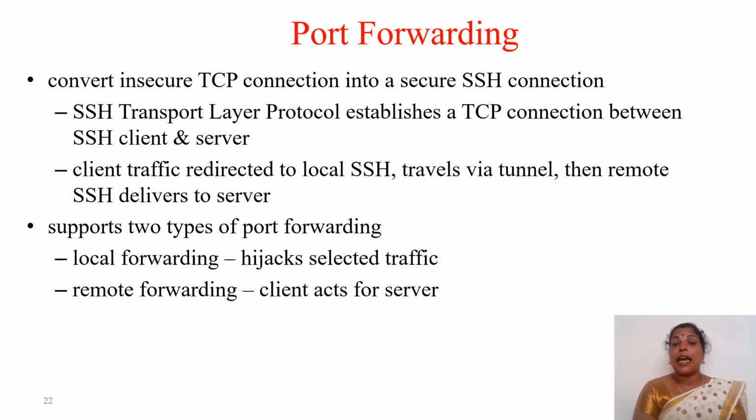Then client traffic is redirected to port forwarding: it goes to the local SSH, then travels via the tunnel, then the remote SSH delivers it to the server. It supports two types of port forwarding: local forwarding and remote forwarding. Local forwarding hijacks selected traffic, and in remote forwarding, the client acts for the server. This is about port forwarding in SSH.